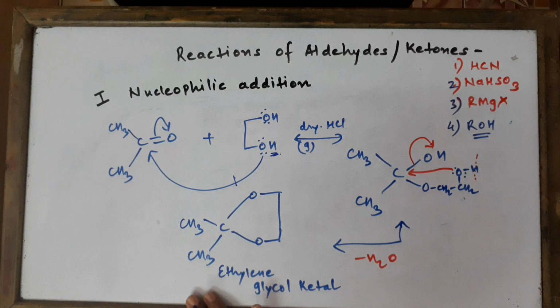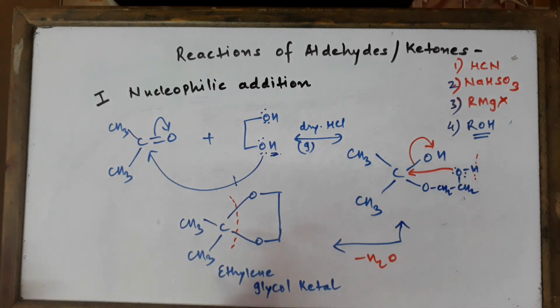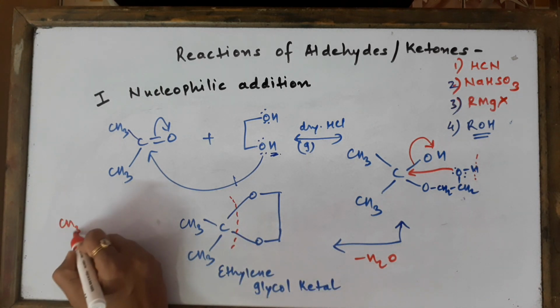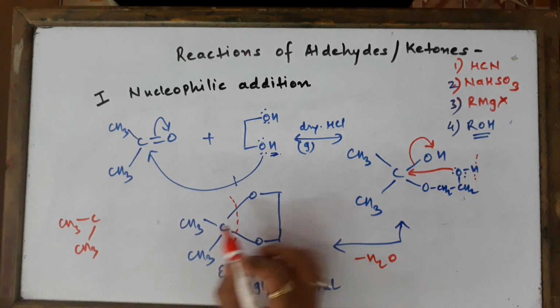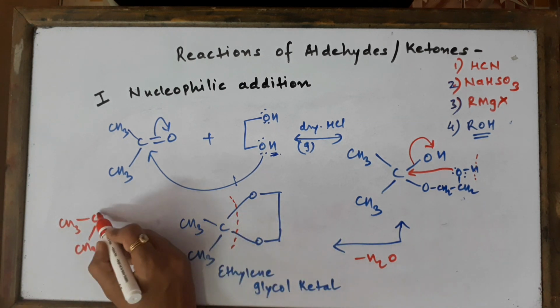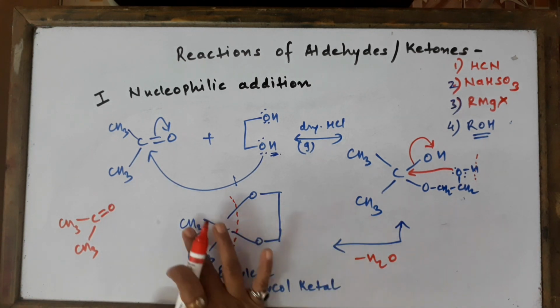And the second thing is that they can ask you what compound has given you this ketal. If they ask which compound has formed this ketal, it's simple: I'm going to break the bond like this, and when I do so, I get CH3, CH3, and naturally there were two bonds, so I'll be writing two bonds and oxygen. So this was my ketone which has formed this compound.